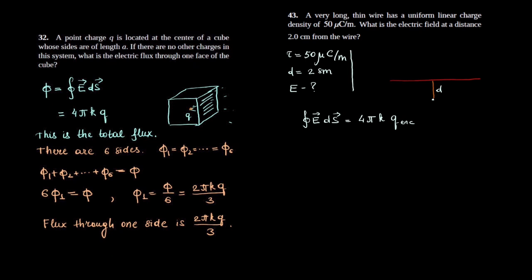Now, you see there is an integral over some closed surface. We can use this Gauss law when there is a great symmetry. So we have to choose our enclosed surface in such a way that at this surface E must be constant.